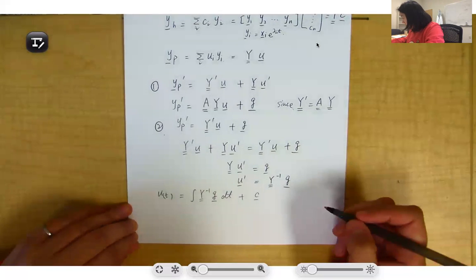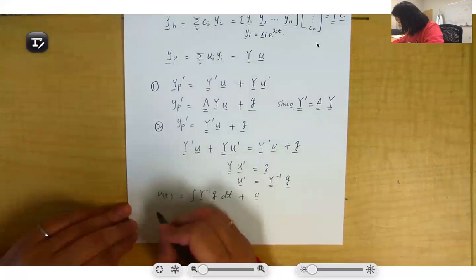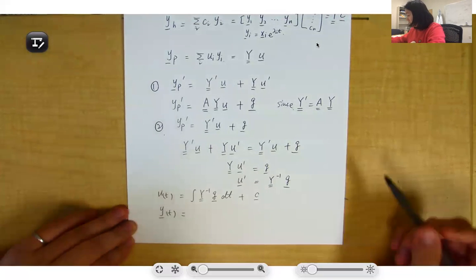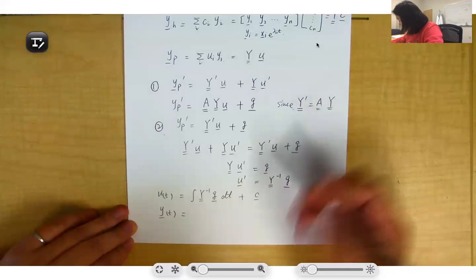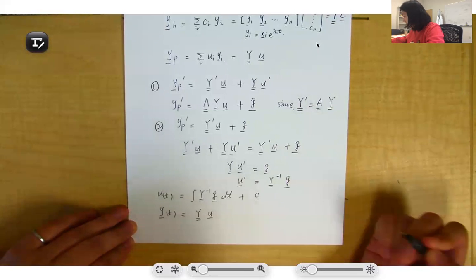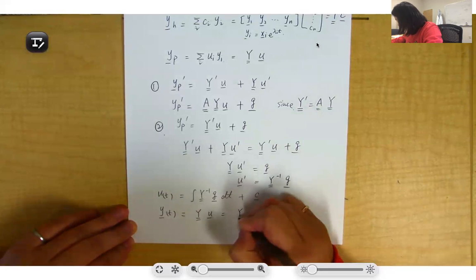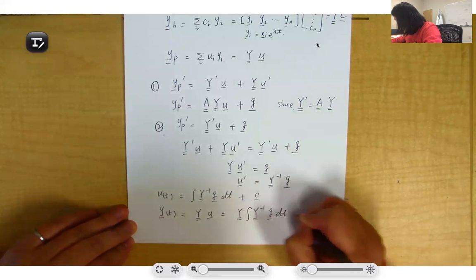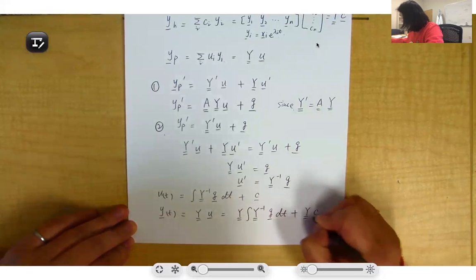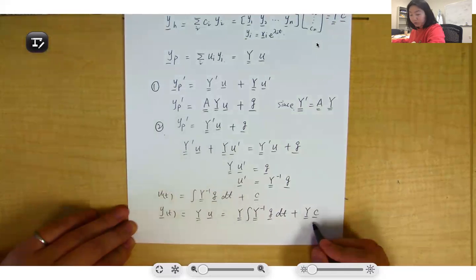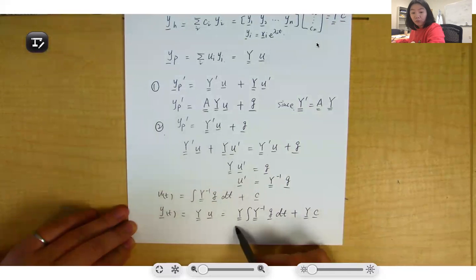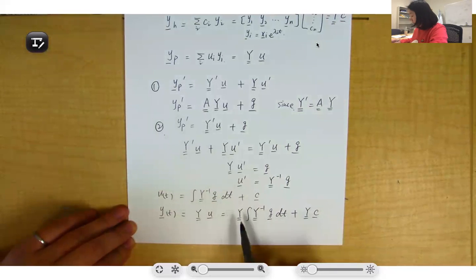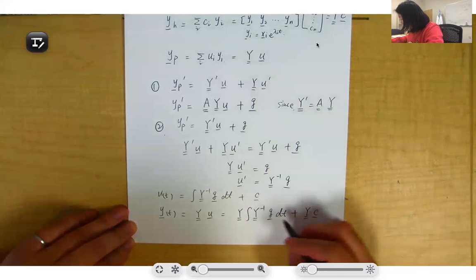Okay, and this y of t in the end will be Y times u, right? So Y times u, and that will be Y times the integral of y inverse g dt plus yc, where this yc is your homogeneous solution. This part will be your particular solution. In general, this whole equation will be your general solution.